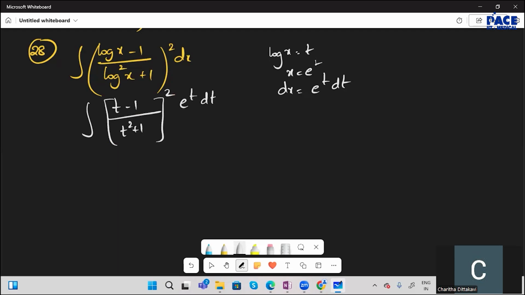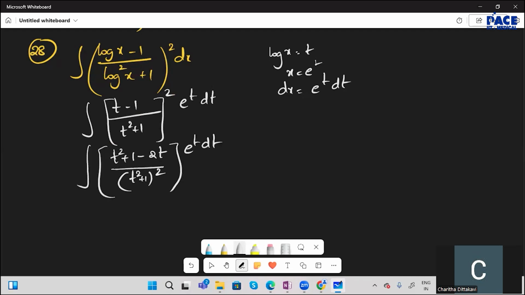Right. So what shall we do now? Let me expand your numerator there. Which is (t square plus 1 minus 2t) by (t square plus 1) the whole square, the whole multiplied by e power t dt.